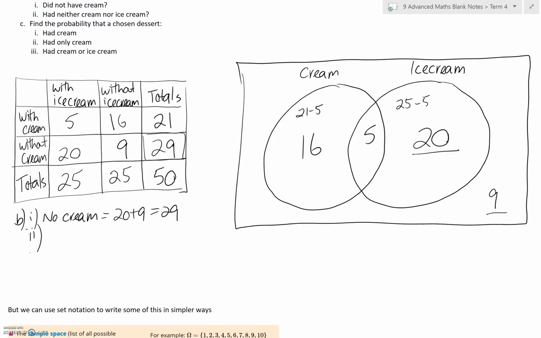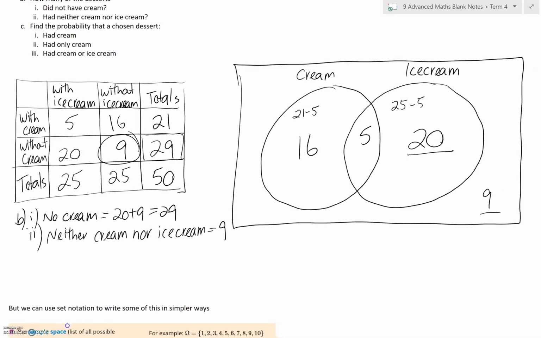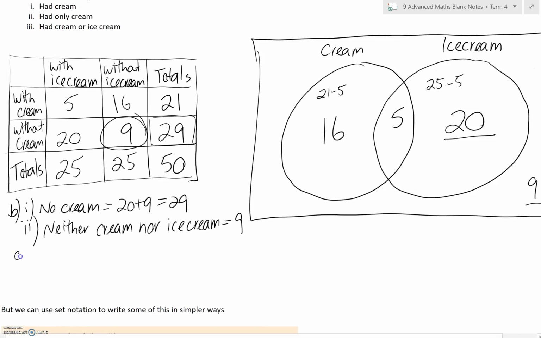And then the next one is neither cream nor ice cream. So that means it's got nothing. So in this case, that's going to be what's outside of our circles or in this one here. Good. Okay, so let's go to C.